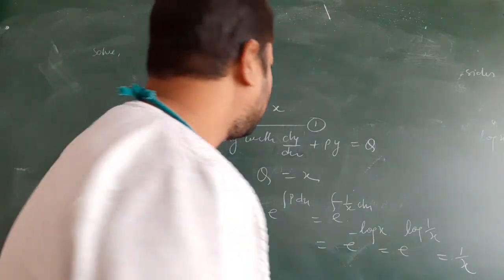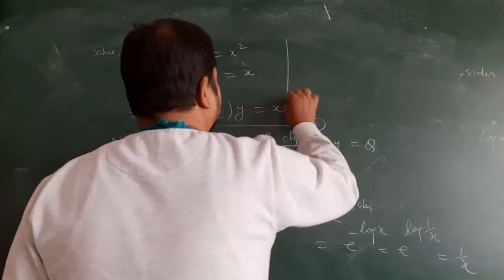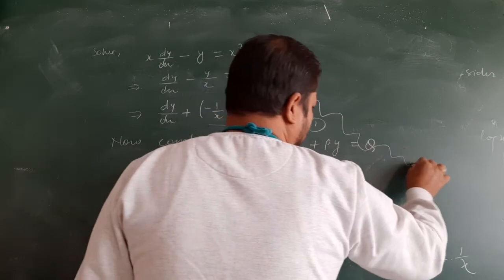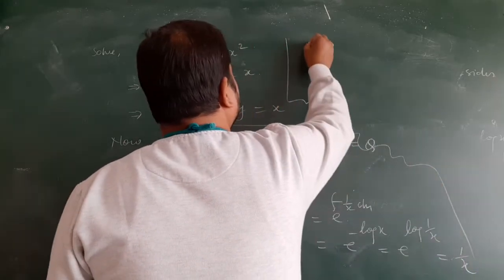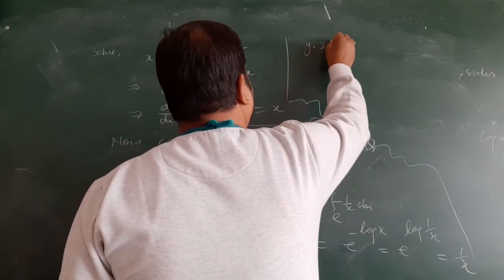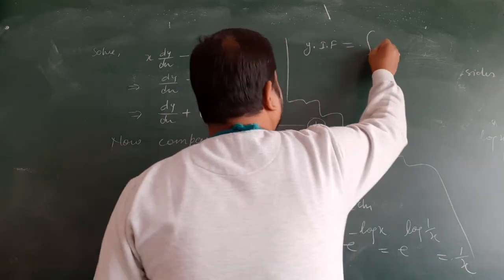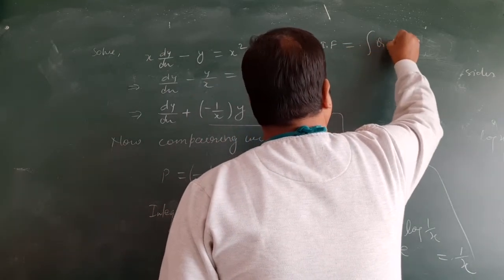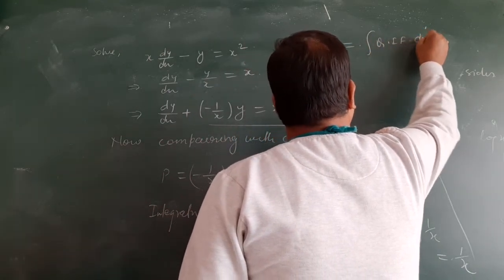And now what is the solution? You know very well the solution of this type of linear differential equation: y into integrating factor is equal to the integral of q into integrating factor dx.